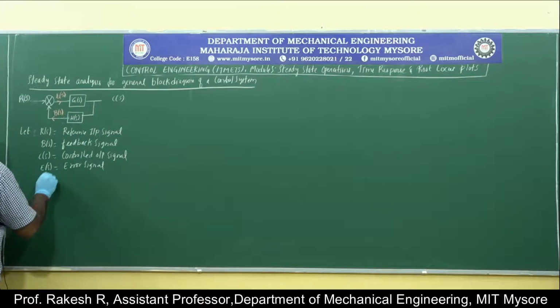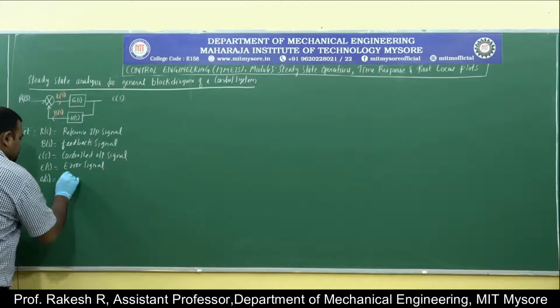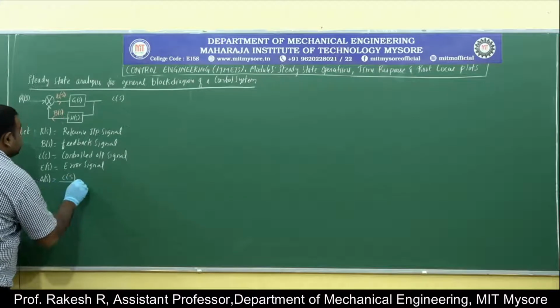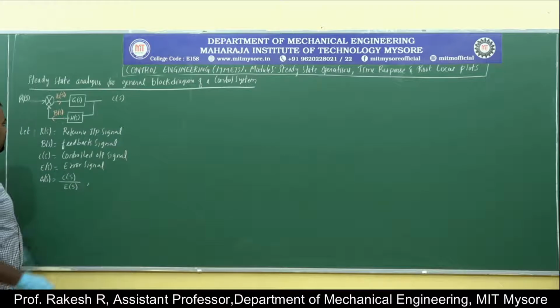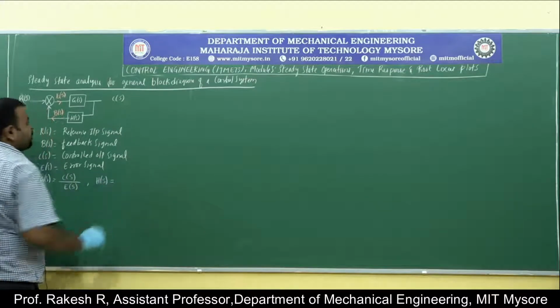G of S is the transfer function in the forward path, which is given by output by input. What is the output? C of S, and input is E of S. This is the transfer function in the forward path. Also, H of S is the transfer function in the feedback path.